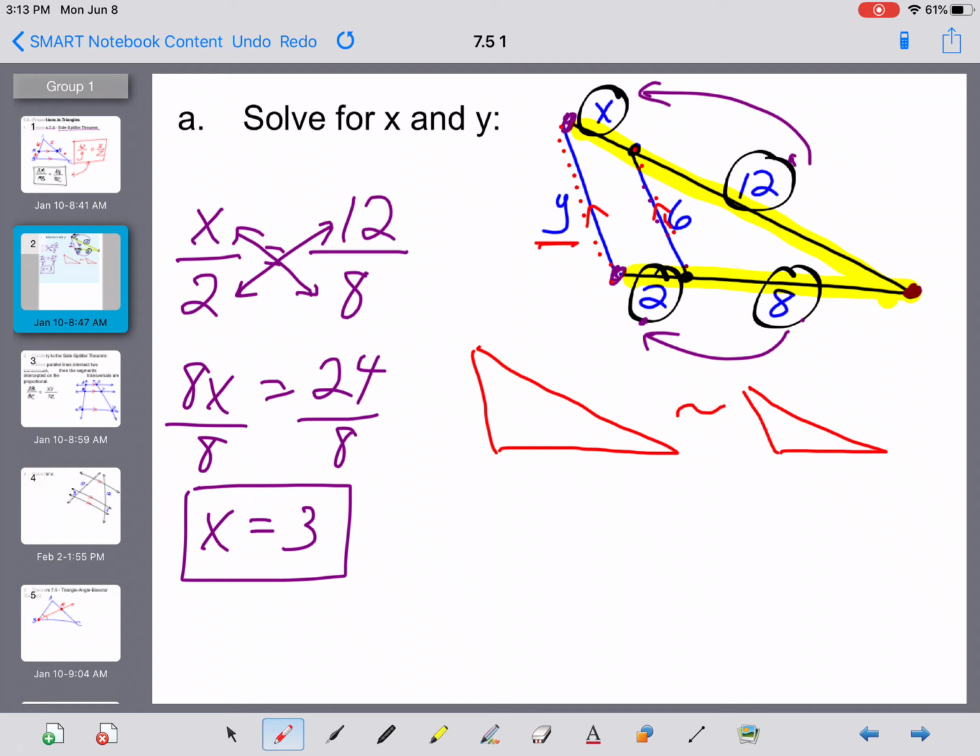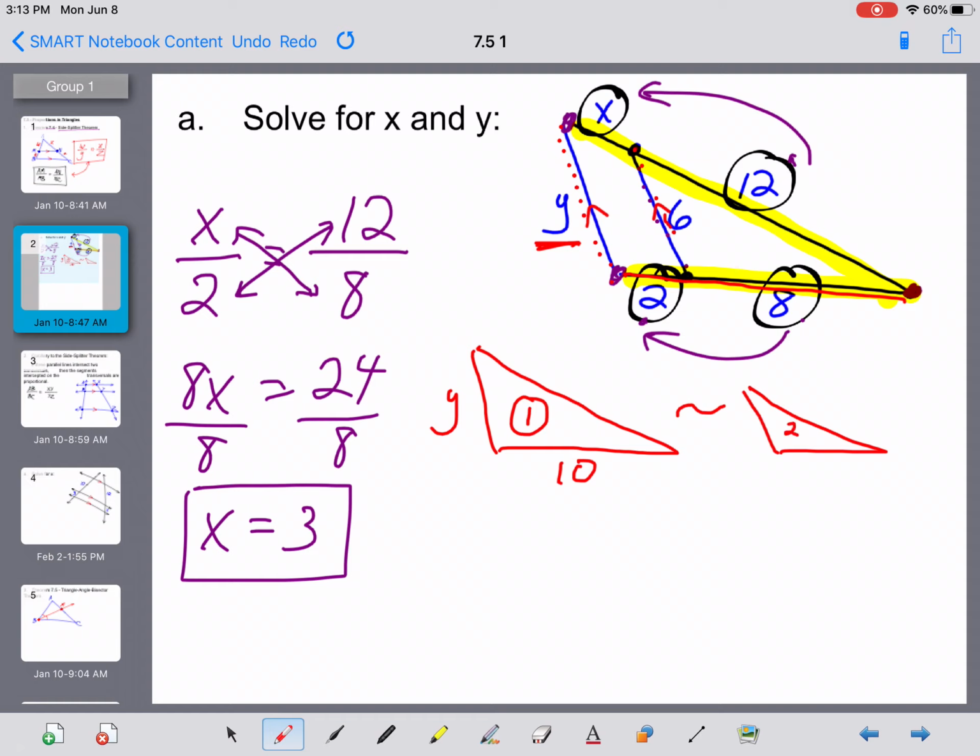Okay, on the big outer triangle, which I have here on the left, I'll call that triangle number 1, we know that the left side of that big triangle here is y. And if we take a look at the bottom, we have a 2 and an 8 that we would have to add together to get a 10 for the length of the bottom side of the big outer triangle.